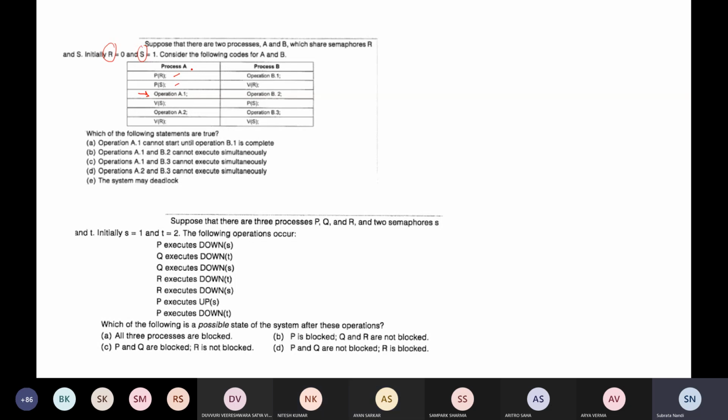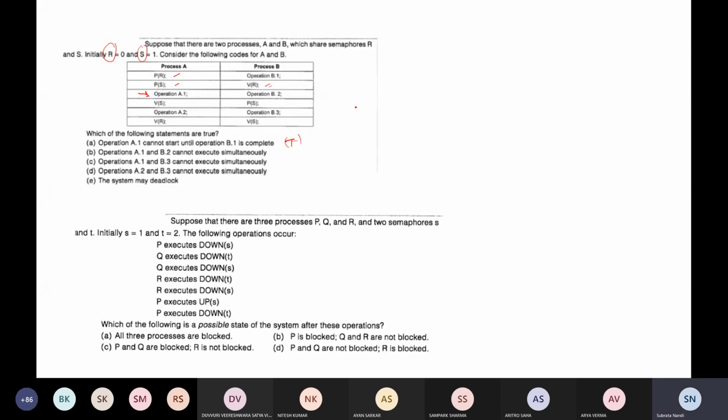It expects that process B should be executing V of R, and V of R is here. So that means A.1 cannot start until operation B.1 is complete. Is this true or false? True, sir. This is true. What about the second one?